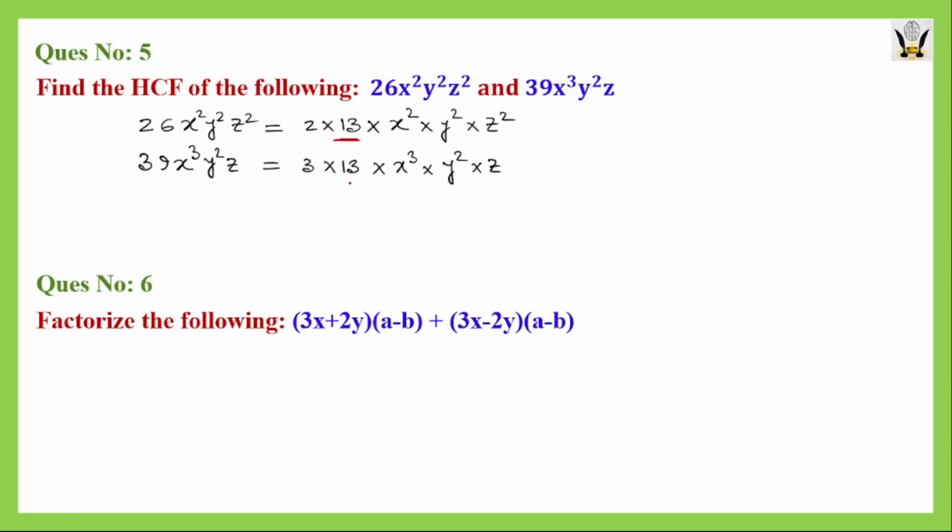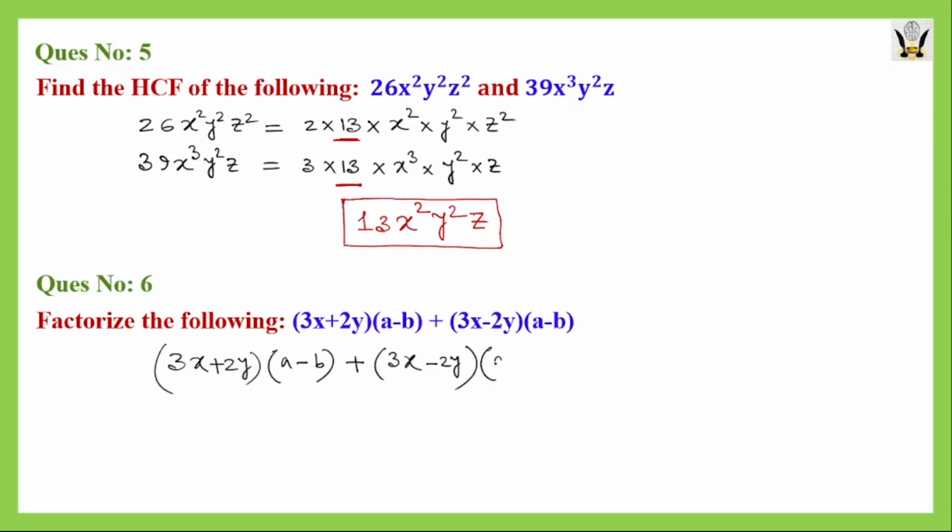Here we have 13 and here we have 13, so 13 is common. Then in terms of x, the first variable, here we have power 2 and here power 3, so x square is common. In terms of y, the second variable, both the exponents are 2, so the common value will be y square. For the third variable z, the highest common exponent is 1, so it is z. That will be the HCF value for this question.